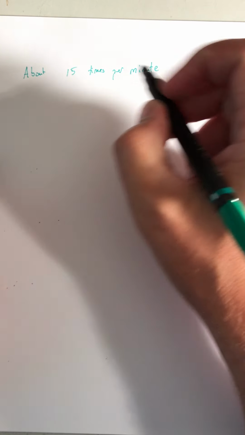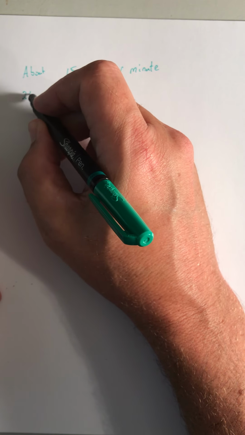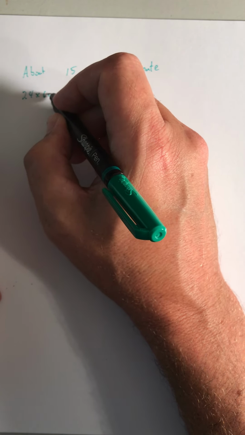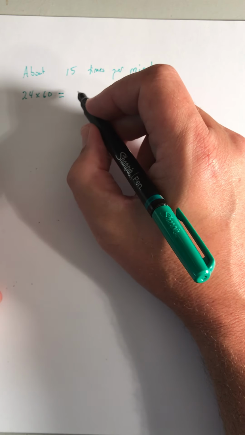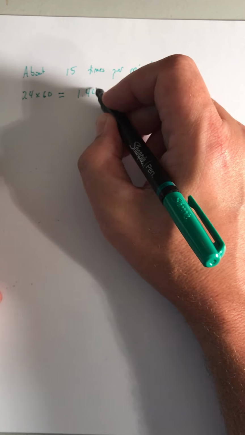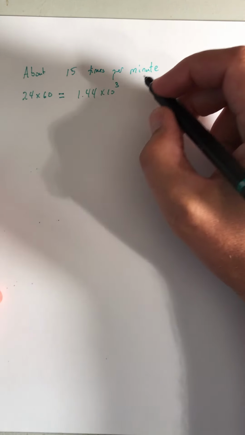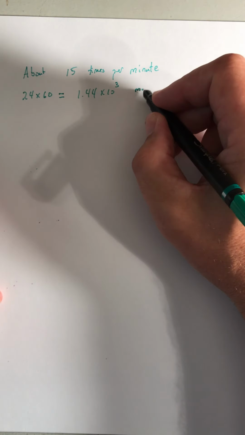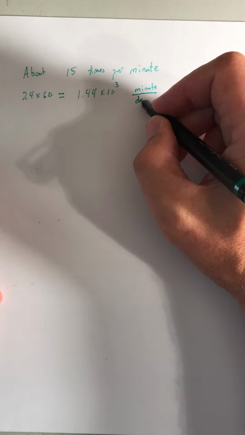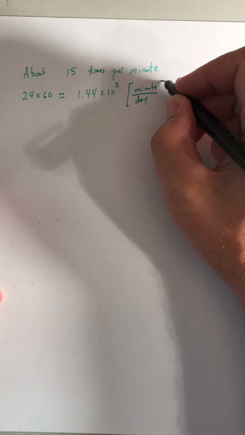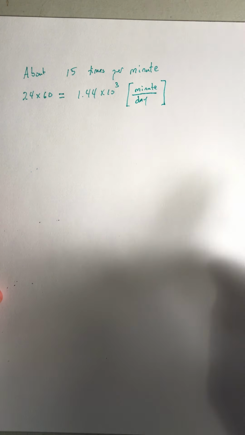And then I know in terms of minutes, there are 24 times 60. So 1,440 minutes in a day. So that will let me get how many breaths I take in a day.